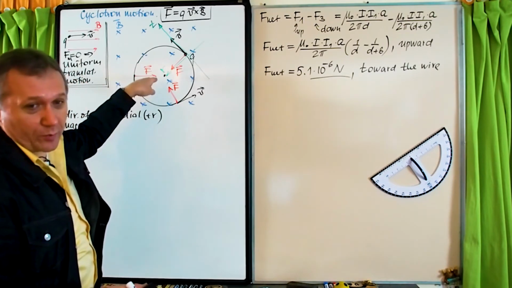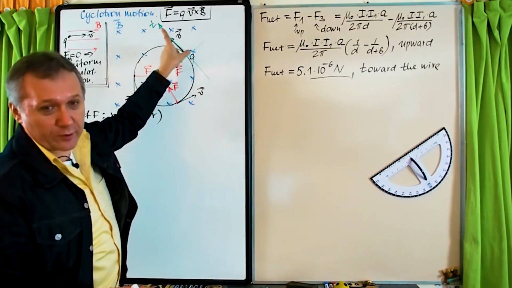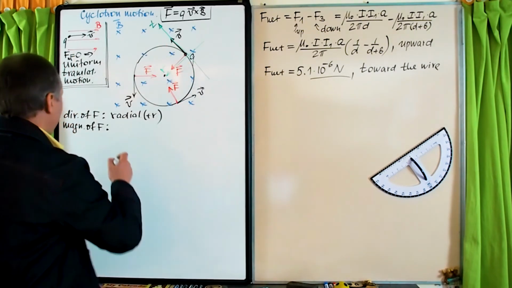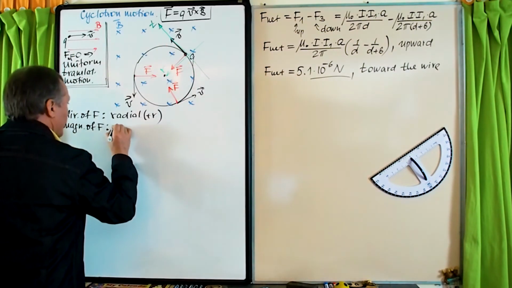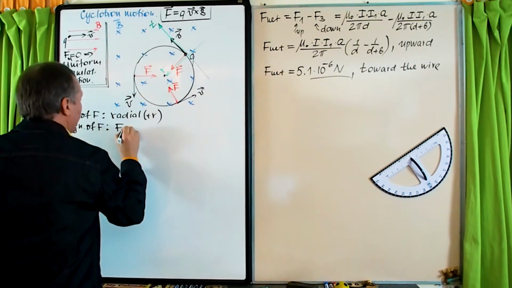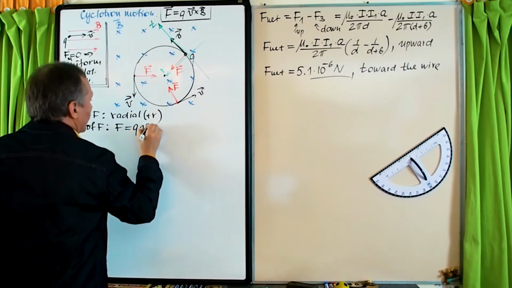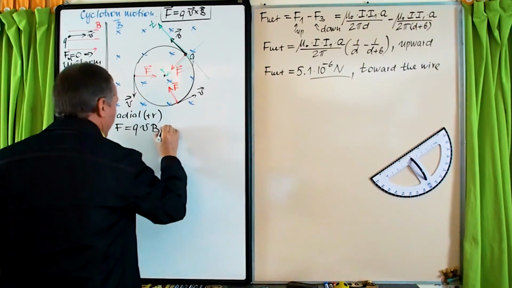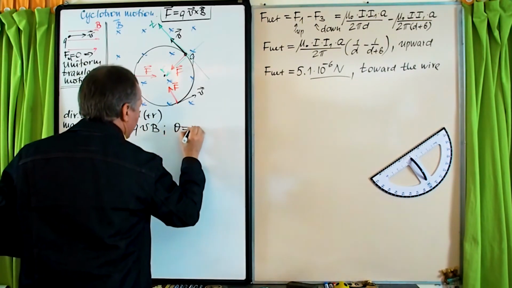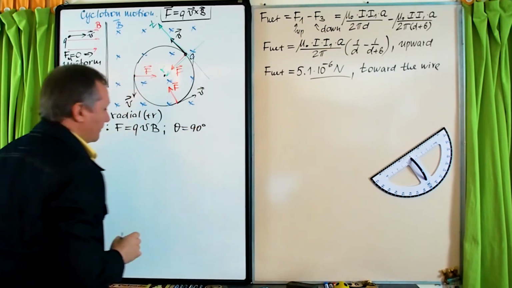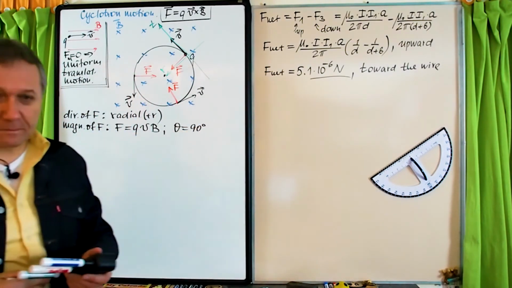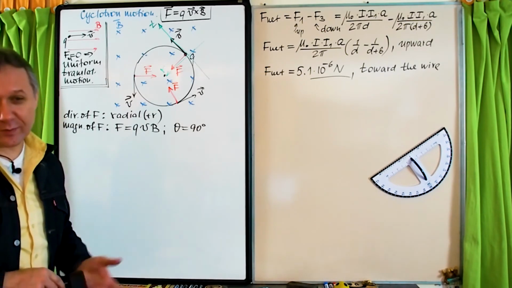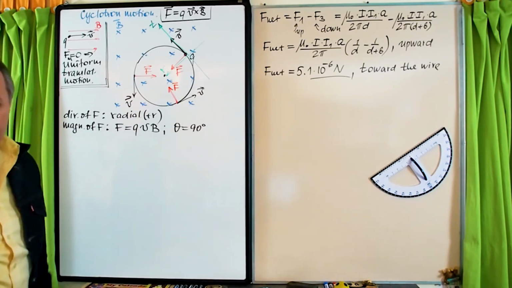B is into the board, V you see this way, so every time they are perpendicular to each other. So as a result, the magnetic force will be QVB, because the angle between them is 90 degrees. Okay, let me emphasize that. Theta is 90 degrees. Okay, so now we know all the information about the force, and now let's apply Newton's second law.